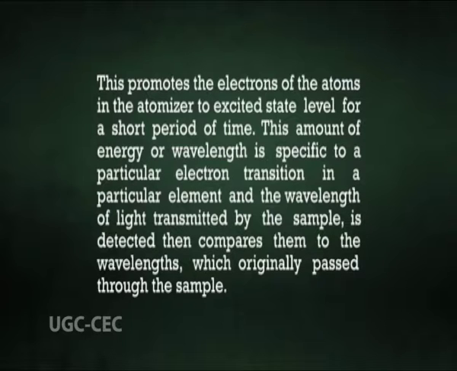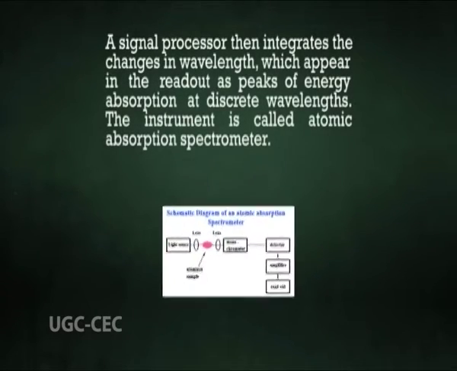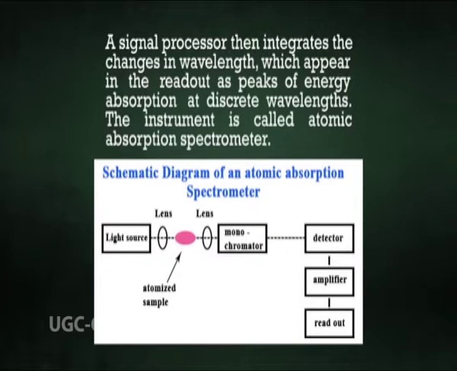This amount of energy or wavelength is specific to a particular electron transition in a particular element, and the wavelength of light transmitted by the sample is detected, then compared to the wavelength which originally passed through the sample. A signal processor then integrates the change in wavelength which appears in the readout as peaks of energy absorption at discrete wavelengths. The instrument is called atomic absorption spectrometer.